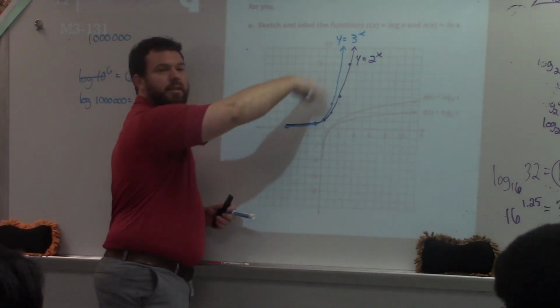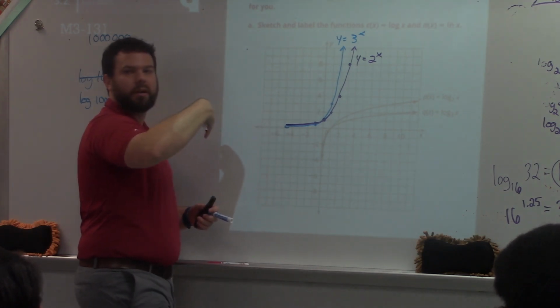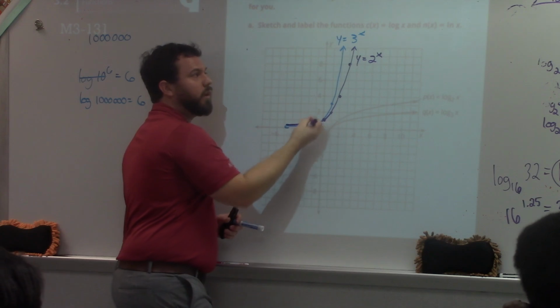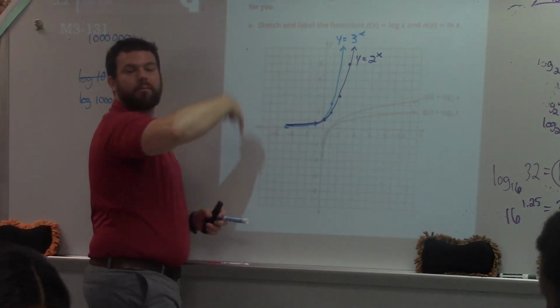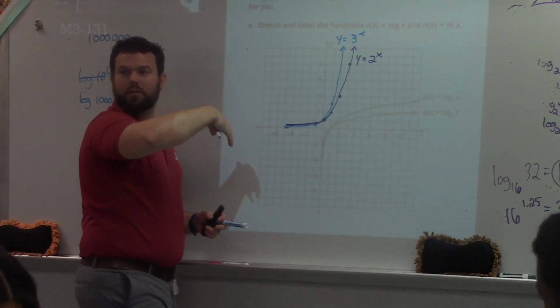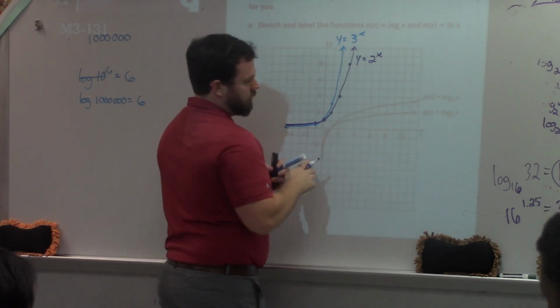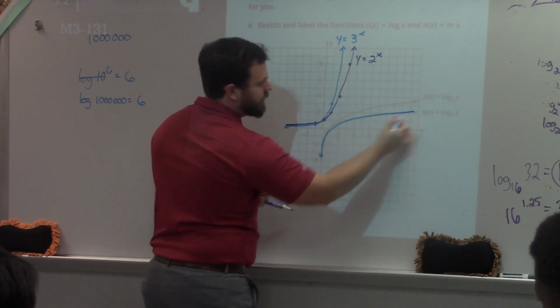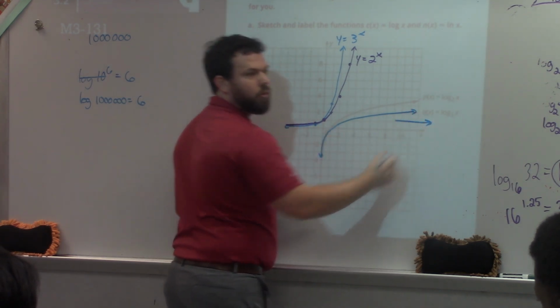The blue, the 3 to the x, right? Because we're repeatedly multiplying by 3, whereas here I'm only repeatedly multiplying by 2. So vertically, the higher the base, the quicker it grows, right? So notice right here, in the inverse, the higher the base, the more quickly it grows horizontally.